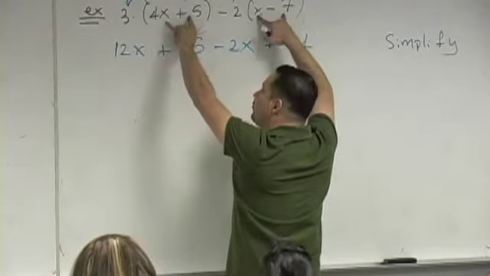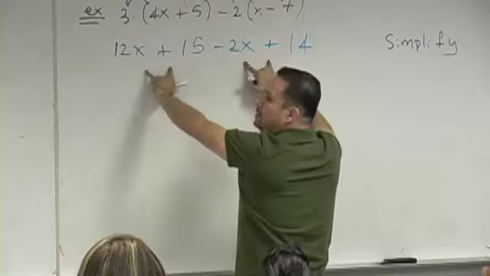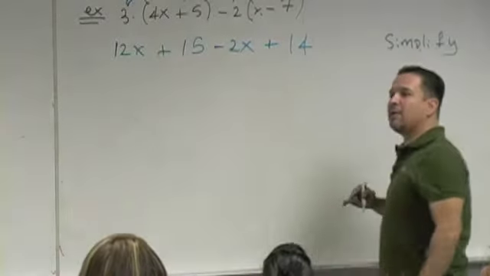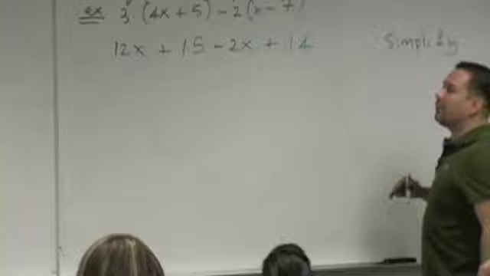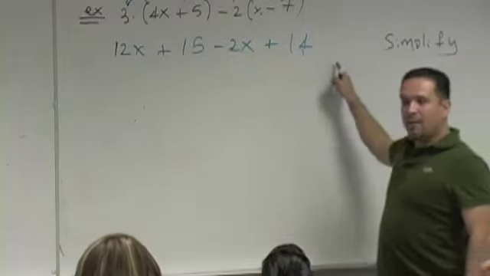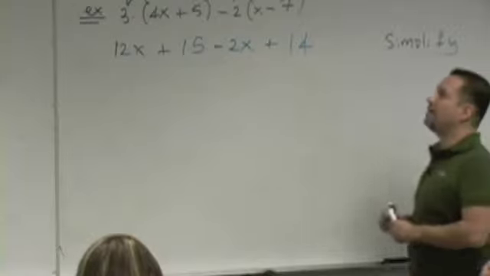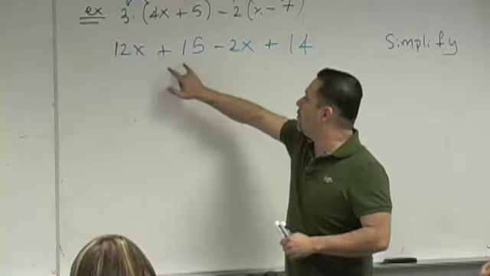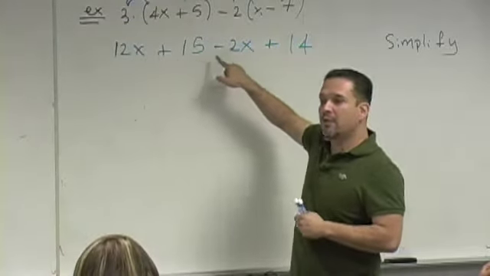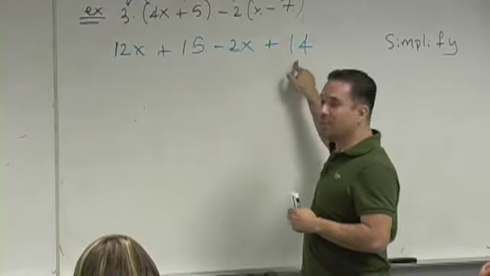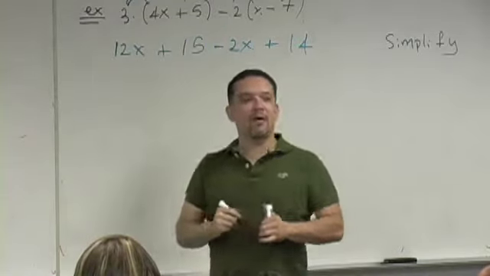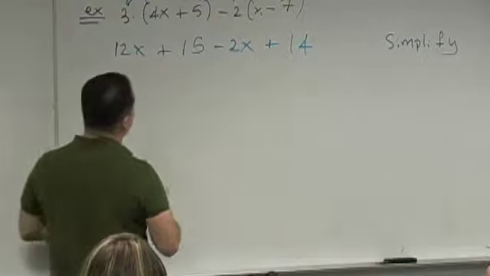So now that the parentheses are gone, this does look simpler, but we can actually make it even simpler by combining your like terms. Okay, so these are your apples. You got 12 apples plus $15. You owe 2 apples plus $14. What's the story now with your fruit and money?